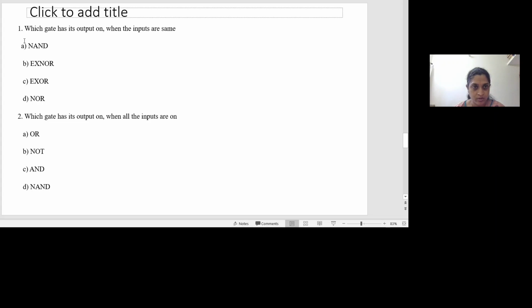Question one is which gate has its output on when the inputs are the same? Suppose it has two inputs and the two inputs have the same value, then which gate has its output on?